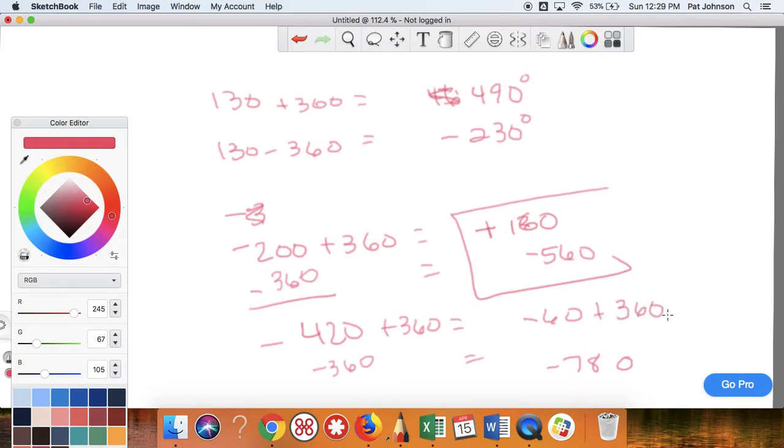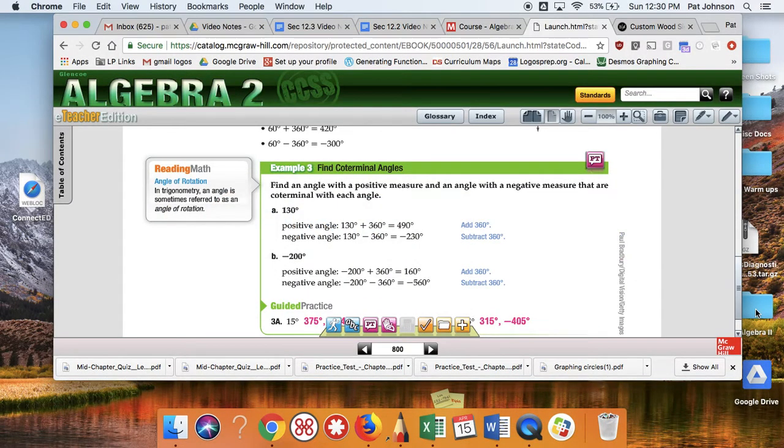Remember, it can be any multiples of 360. So this becomes positive 300. So now I have my positive, and, oh, this is right, and my negative. Okay? So that was easy enough.